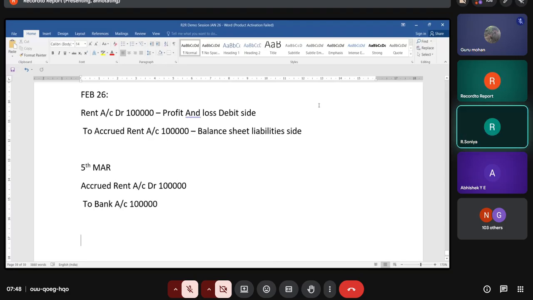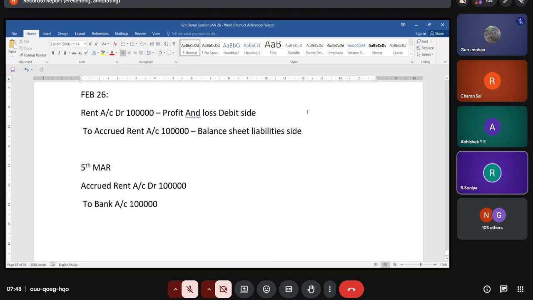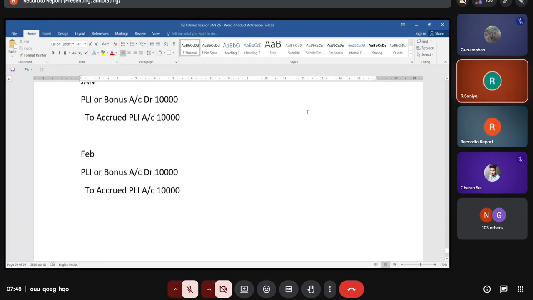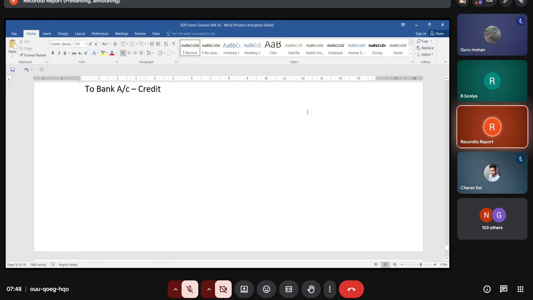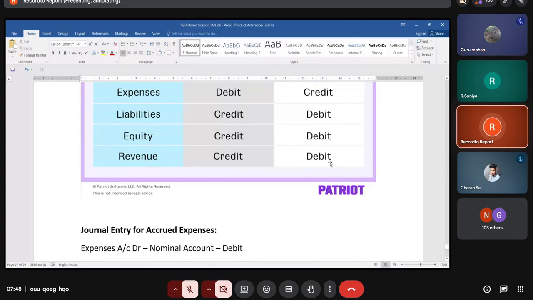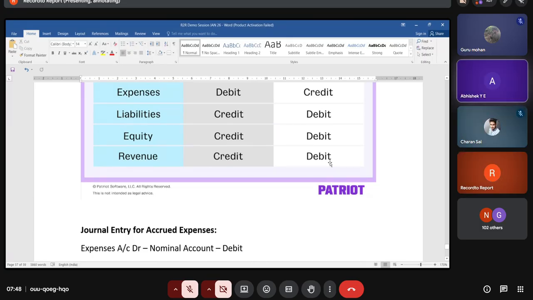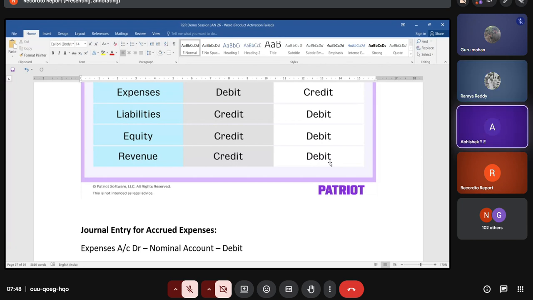Do you understand? Okay. So these are the entries for accrued expenses. Do you understand the meaning of accrued expenses and what entry is to be recorded? Any doubts? Okay, guys. In this, there are two types: reversible accruals and non-reversible accruals.